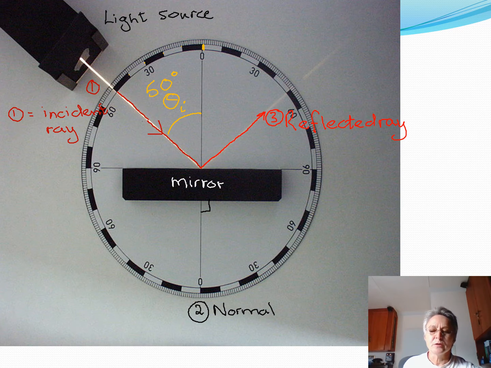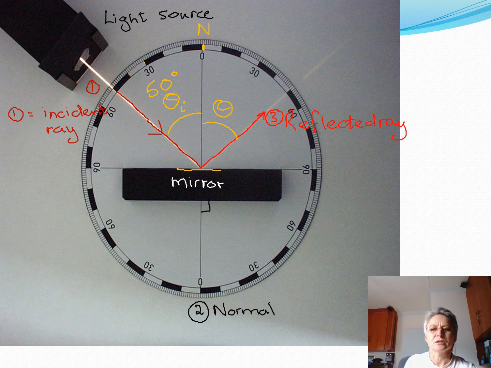So just remember that the angle of incidence is always measured between the ray of the incident light and the normal. Now, although I labeled the normal at the bottom here, I could also have said that is the normal because this is my reflecting surface there. Now, the angle of reflection is between the reflected ray and the normal.